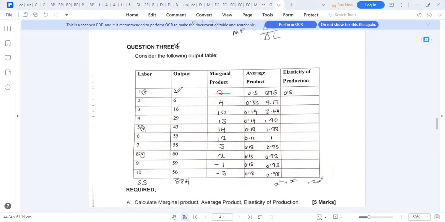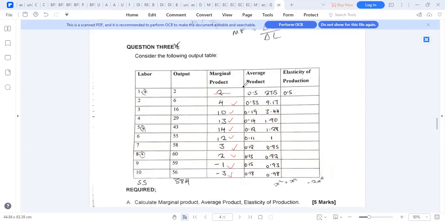So 2 minus nothing is nothing. 6 minus 2 is 4. 16 minus 6 is 10. 29 minus 16, 13. 43 minus 29, 14. 55 minus that is this. 58 minus 55 is 3. 60 minus 58 is 2. 59 minus 60, it's minus 1. So you understand this column, how we're getting the figures?